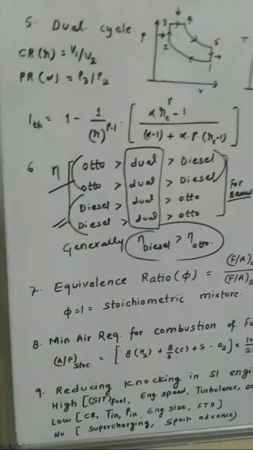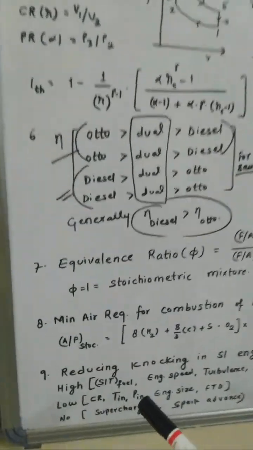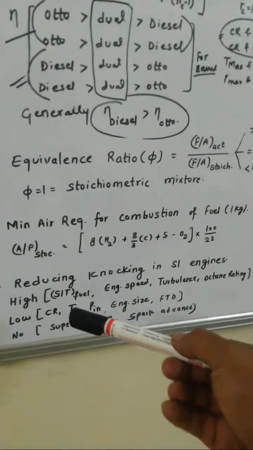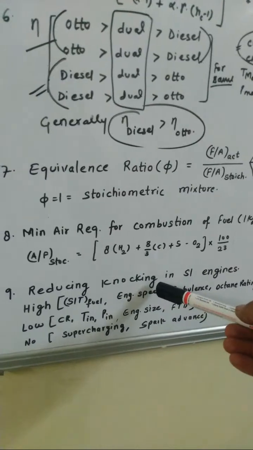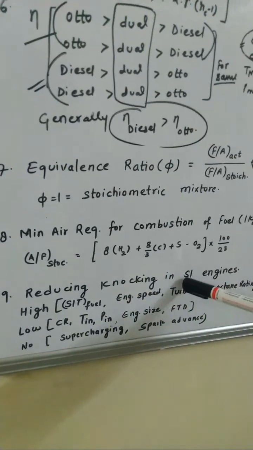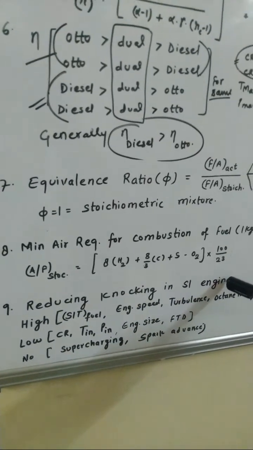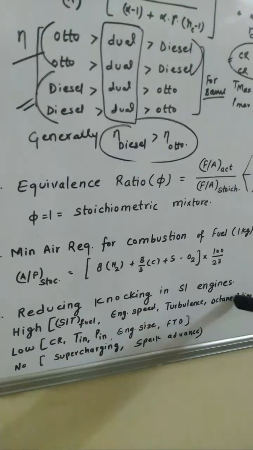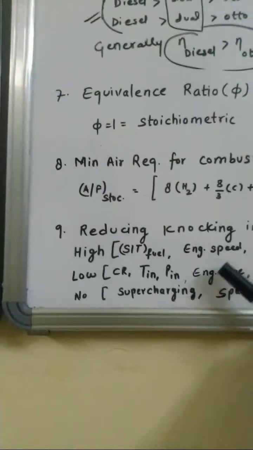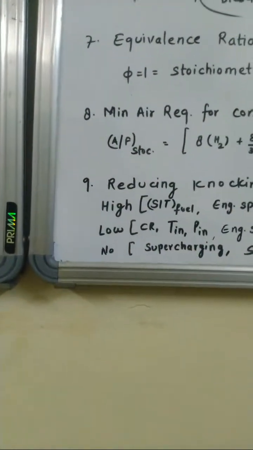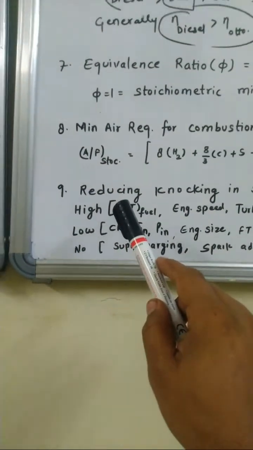Next, we have seen that knocking is a problem. So to reduce the knocking phenomenon in the SI engine, the spark ignition engine, there are a few factors which should be high. So what are these factors? In the SI engine, these factors should be high.